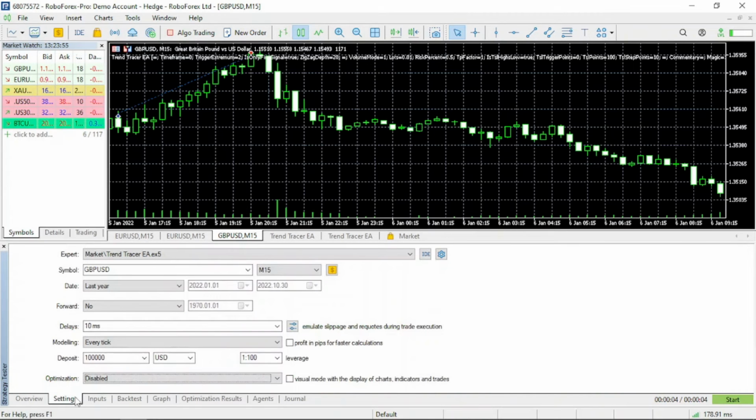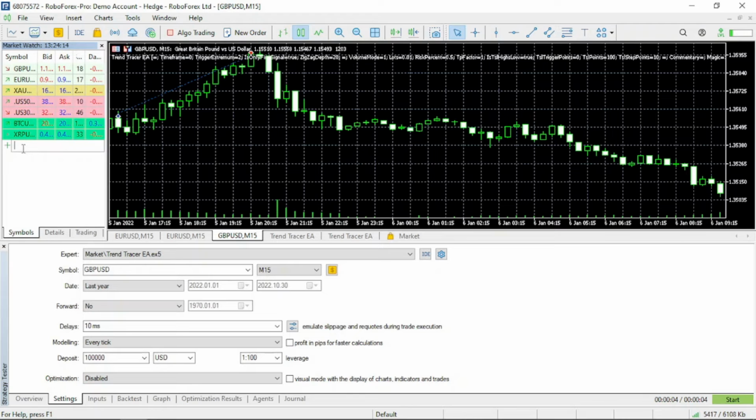One of my favorite features of MetaTrader 5 is that you can test against a market watch list. To add additional instruments, you can either press show all or you can manually enter additional instruments.